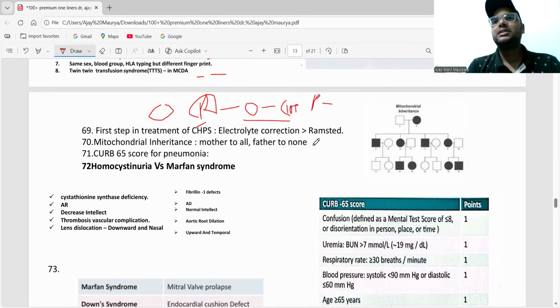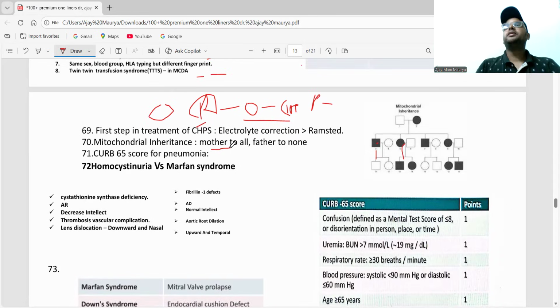Next one, mitochondrial inheritance. See here, mother, father. What happened? Here, if the father is affected, then no one is affected.